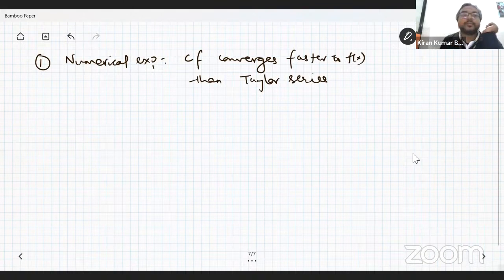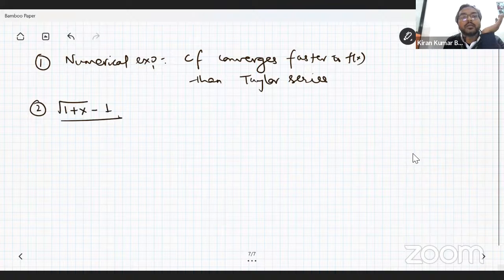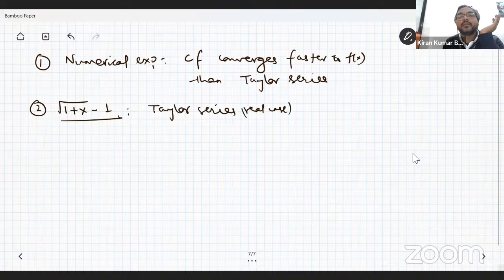This is one advantage. Second advantage is, so again, that function, square root of 1 plus x minus 1, the Taylor series, real case. If x is real, the convergence is minus 1 to plus 1.